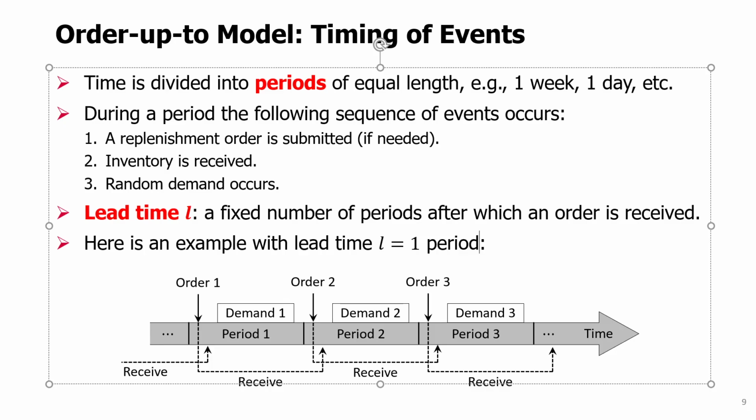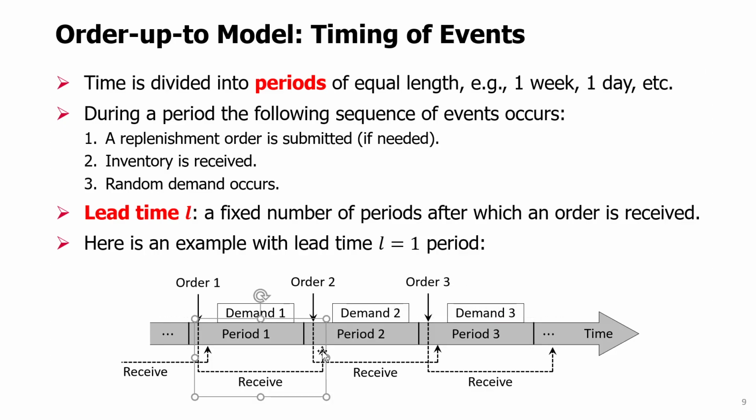So say lead time is 1 period. Then in period 2, we should receive what we ordered in period 1, right? And then after we make an order and receive a previous order, demand for period 2 occurs, right?